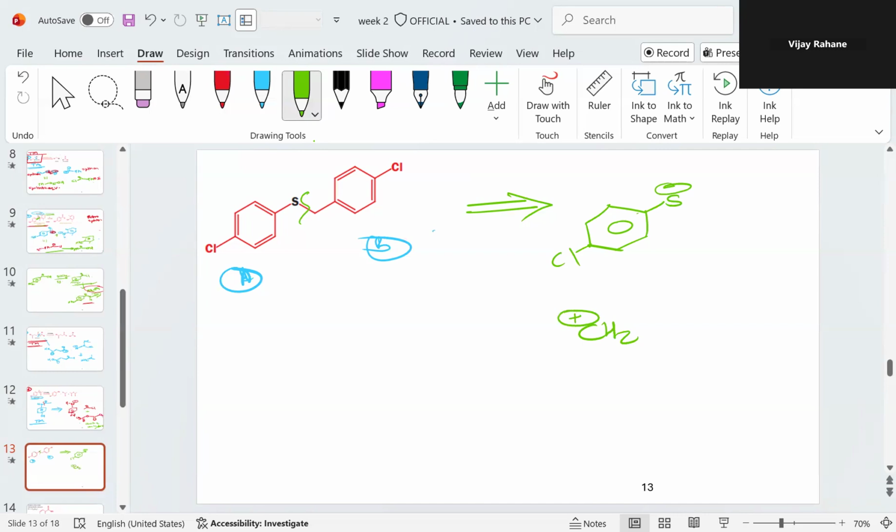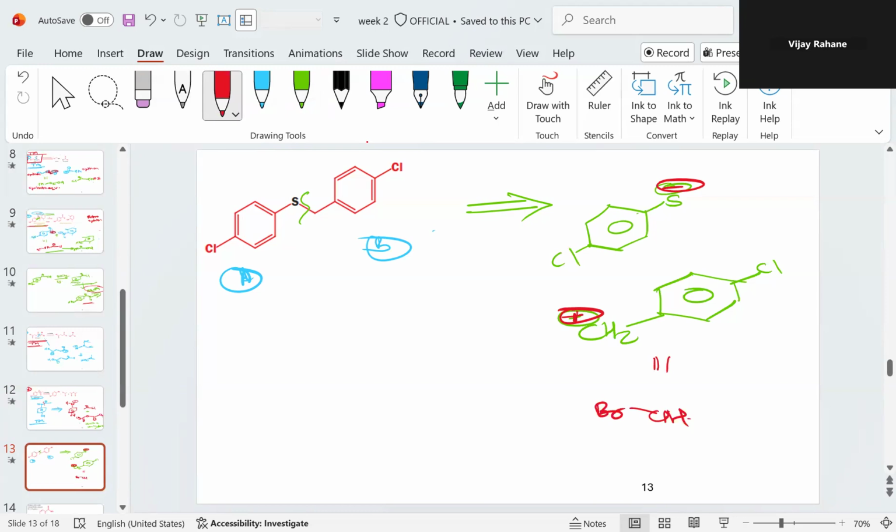This can be the positive one, because if you look at the bond polarity, sulfur is more electronegative compared to carbon, and therefore the bond cleavage should be like this, with the sulfur getting the negative charge and the CH2 group getting the positive charge. And this can come from either a bromo or iodo starting material, right? CH2 and this phenyl ring, I'll just draw it, just ignore the handwriting.